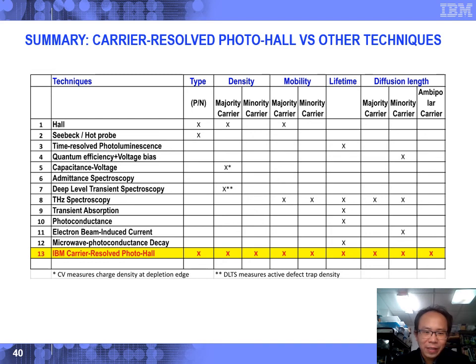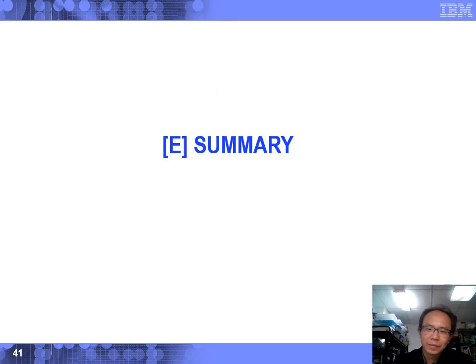Furthermore, if you compare this new approach of carrier resolved photo Hall technique, you practically could obtain all the relevant parameters that you want in your charge carrier, which are not possible using other known semiconductor characterization techniques that we have had before. So let me close with a final summary.